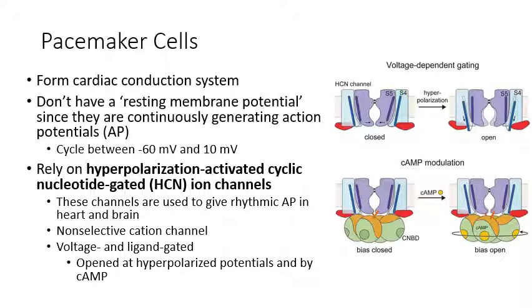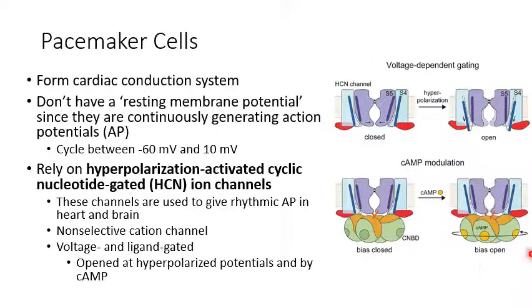But the HCN channels are gated by two things, both voltage and a ligand. They are going to be opened anytime the cell is hyperpolarized. That's the hyperpolarization activated. And they're also activated by their ligand, which is cAMP, or cyclic AMP. Cyclic AMP is a cyclic nucleotide, basically a nucleotide that has been formed into a circle. So that's why they're called hyperpolarization activated cyclic nucleotide gated ion channels.